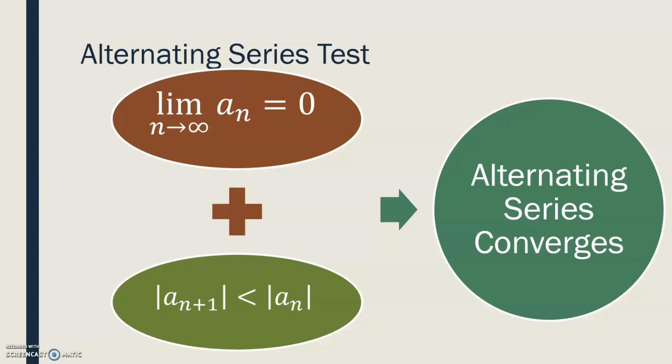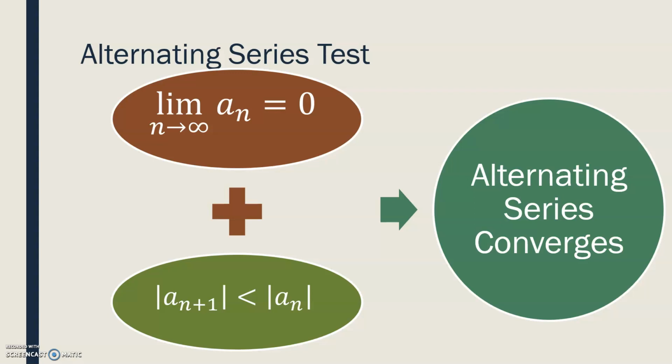This is the test for the alternating series. It has 2 parts. In order to use the alternating series test, you want to make sure that your signs actually do go back and forth, positive, negative, or negative, positive, but they have to go back and forth. If that's true, then you can start by taking the limit as n goes to infinity of your terms. And if you get 0, then you can also check to make sure that each term is smaller than the one before it.